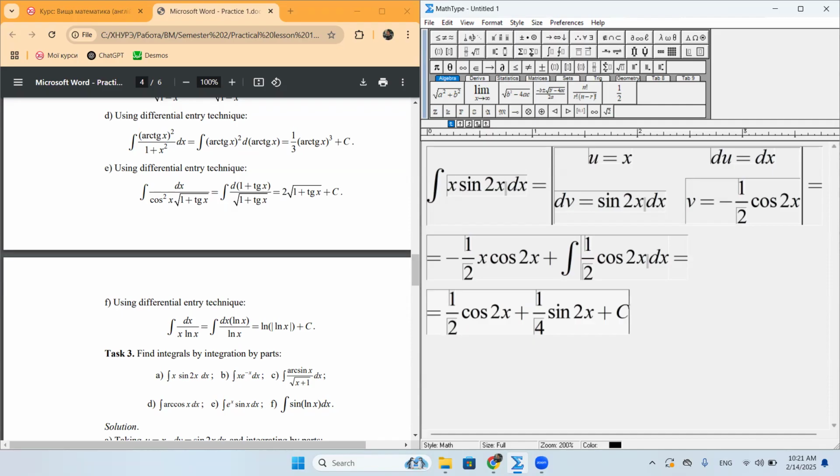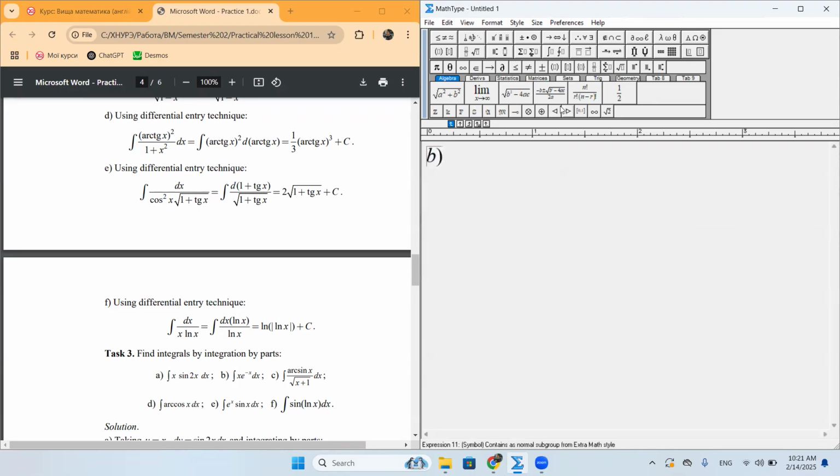Okay, I guess no questions. So let's move to part B. By the way, we have here x multiplied by e in power of minus x, but let's make it a little bit more complicated with x in power of 2.